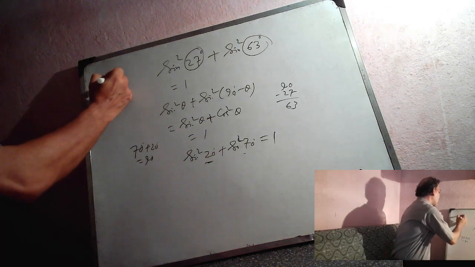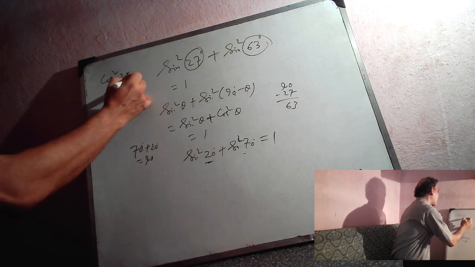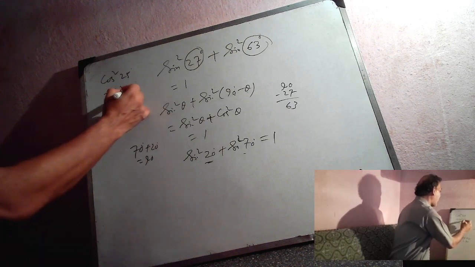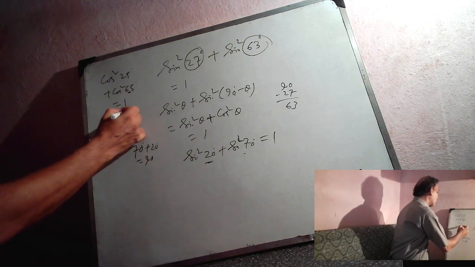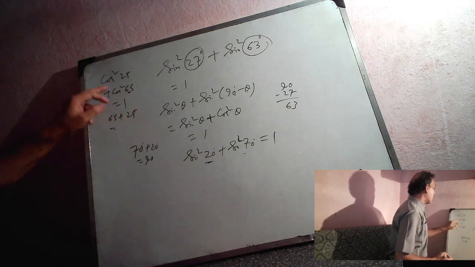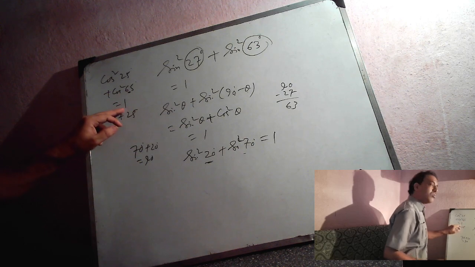Suppose cos square 25 degree plus cos square 65 degree. Now it is also 1 as 65 plus 25 is 90. Whenever the sum of these two angles is 90, then cos square of that angle plus cos square of another angle should be equal to 1.